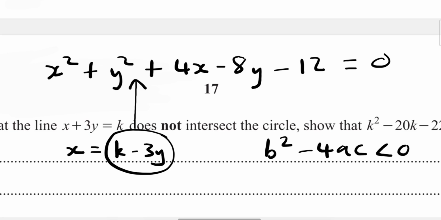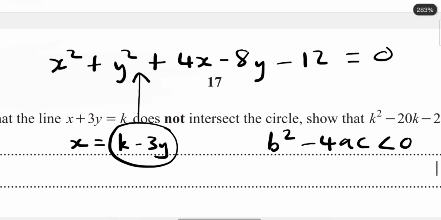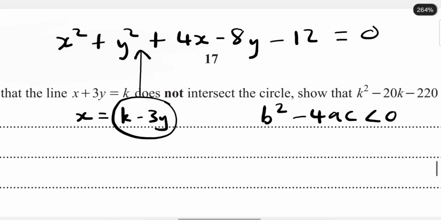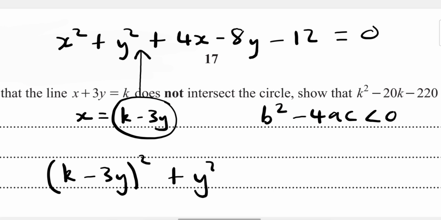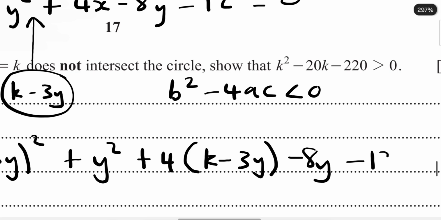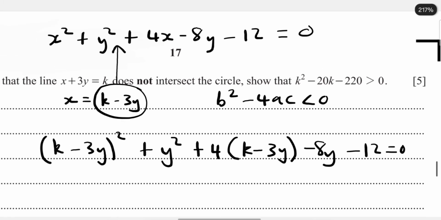To show that they do not intersect. Whenever a line does not intersect a curve, the discriminant is less than 0. So substituting k minus 3y for x: (k minus 3y) squared plus y squared plus 4(k minus 3y) minus 8y minus 12 equals 0.